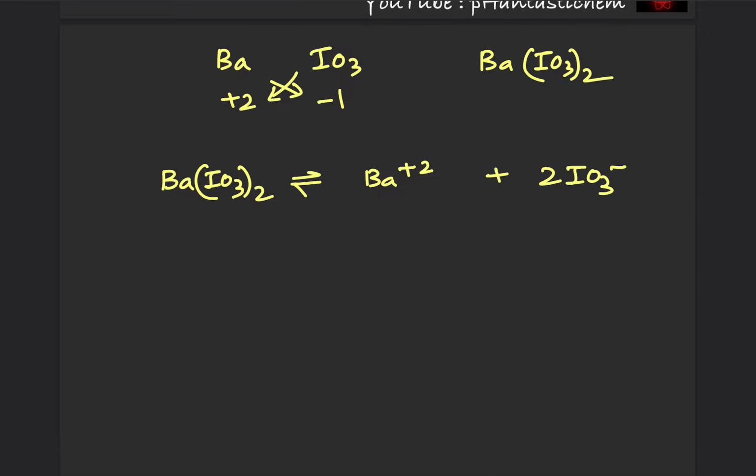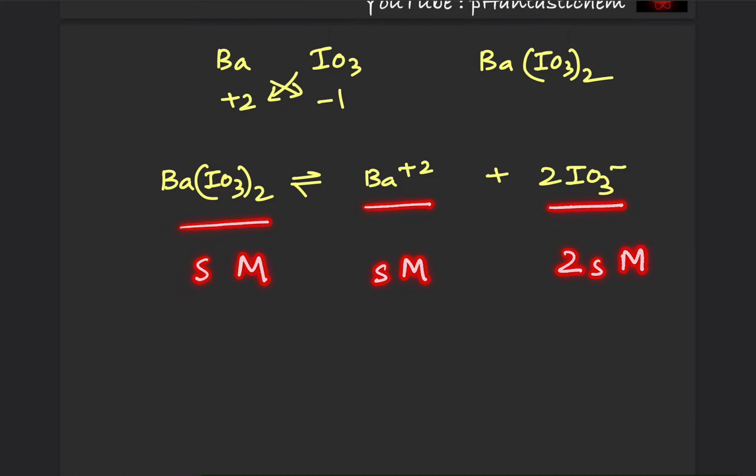According to stoichiometric coefficients, if the solubility of Ba(IO3)2, that is barium iodate, is S molar, then the concentration of Ba2+ formed will also be S molar, and the concentration of IO3- will be 2S molar.